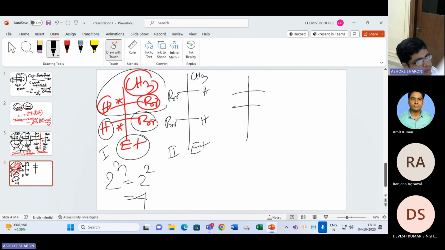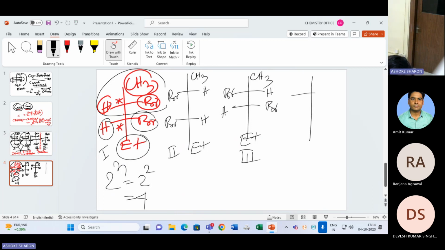Another possibility will be CH3, ethyl, bromo, bromo, hydrogen, hydrogen. Clear? This will be 3. And another one will be hydrogen, bromo, hydrogen, bromo, CH3 and ethyl.